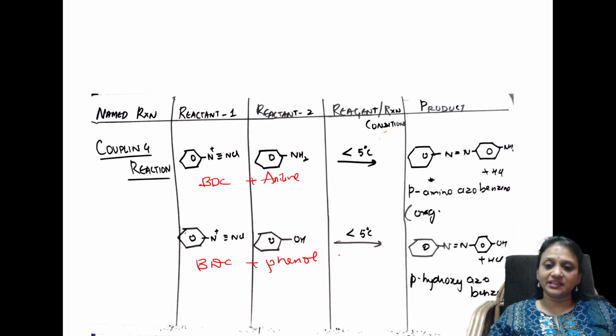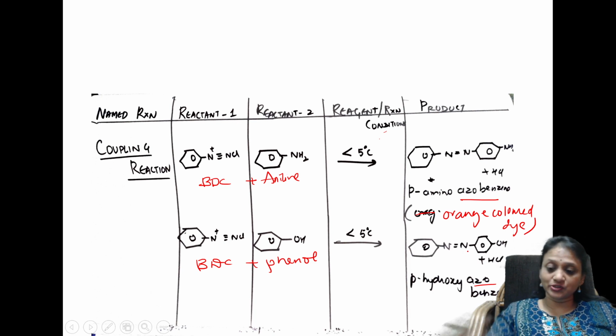Less than 5 degree temperature. What are you going to get? You are going to get para-aminoazobenzene. This is your para group. This is azobenzene, not amino, azobenzene. Basically, we are preparing azobenzenes, which are orange colored dyes. So what is this, students? It is an orange colored dye. These are all dyes which you are preparing. Correct, no? So that also I have written in one page.